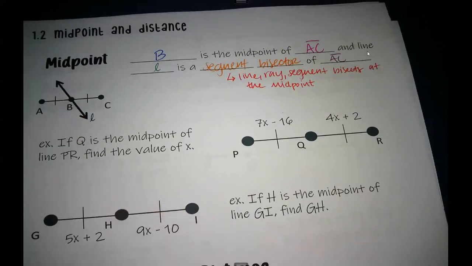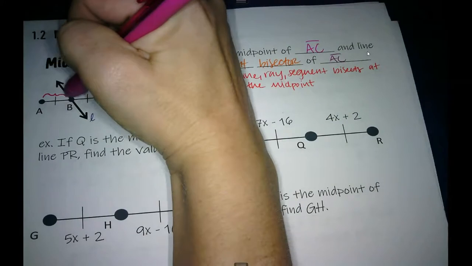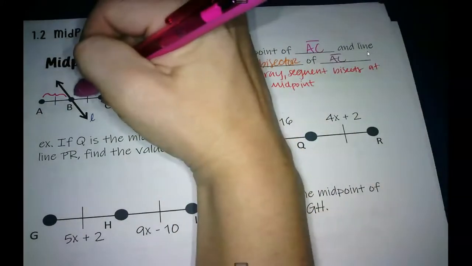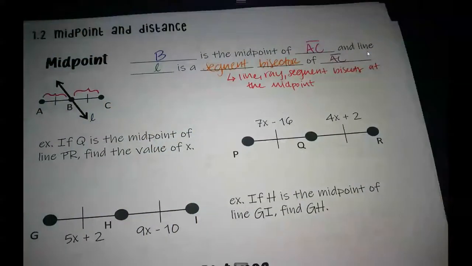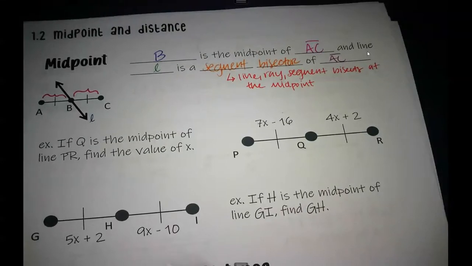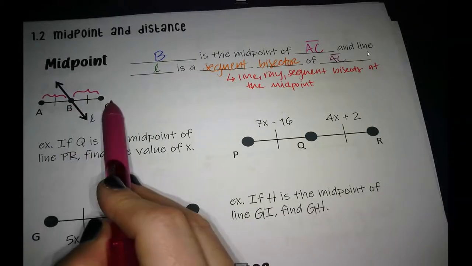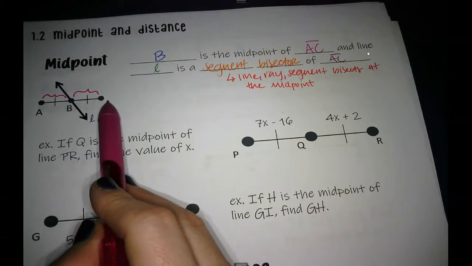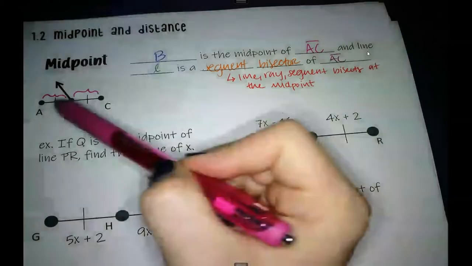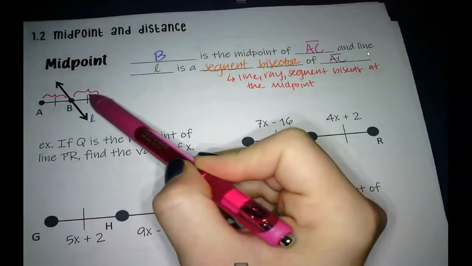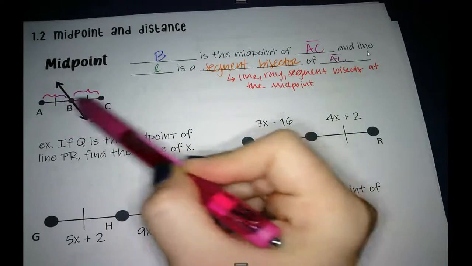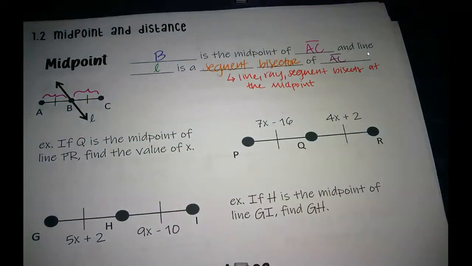If we're cutting something straight in half, then my two pieces, this piece and this piece, are the exact same, meaning whatever distance from A to B is, it's the same from B to C. That makes sense? Remember, this little line that corresponds with this little line means that they're the exact same measurement.